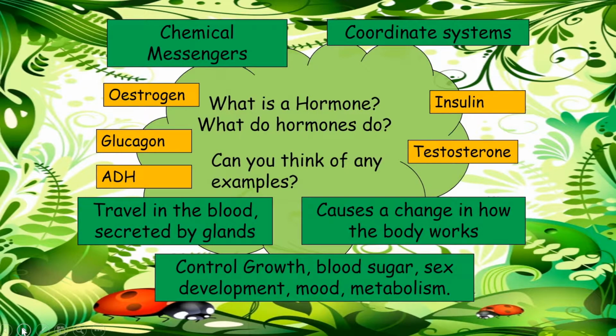We have some that control our growth, so HGH is the human growth hormone. We have some that control our blood sugar levels, insulin and glucagon, and some that control water content of the blood, such as ADH. ADH is antidiuretic hormone, which you'll be learning a little bit more about in the double lessons.